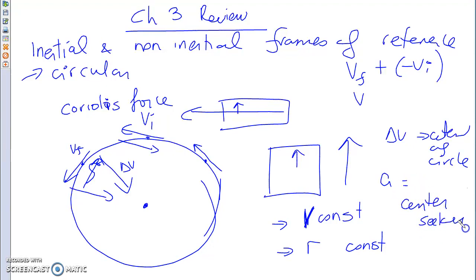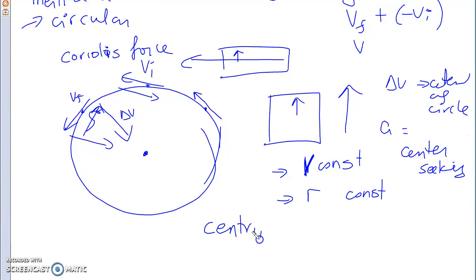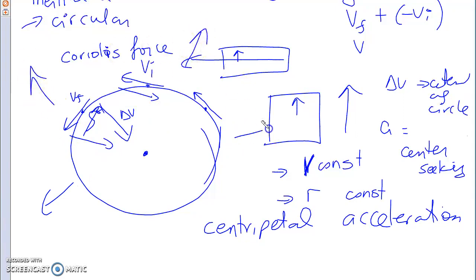What's another name for center seeking? Centripetal acceleration. This is also known as centripetal acceleration. Now, when my object is being moved outward, which we said is caused by inertia, we call that center fleeing.